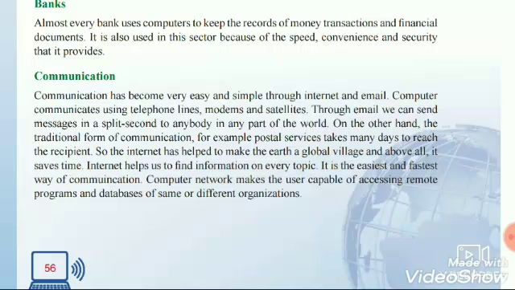A computer network means we can access databases and information from a remote location, from a system attached to a network that is very far away from our location, and we can access the data of different organizations.